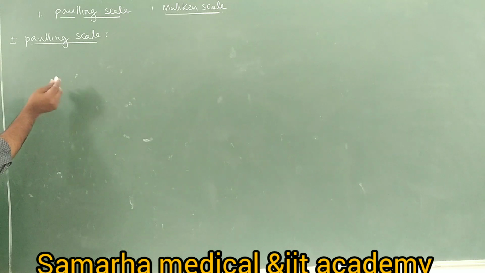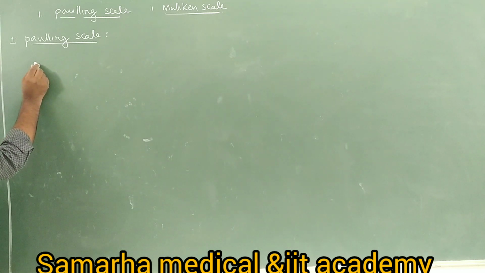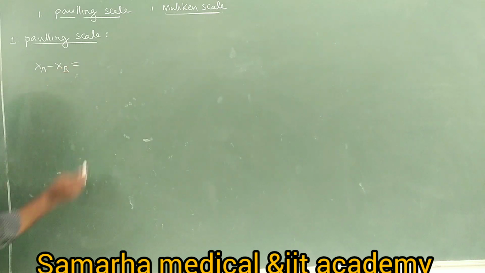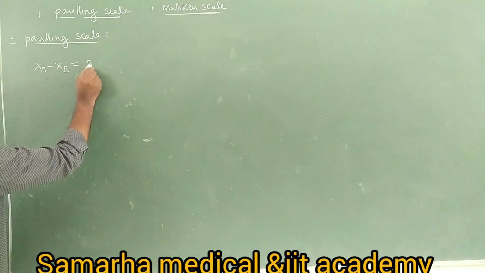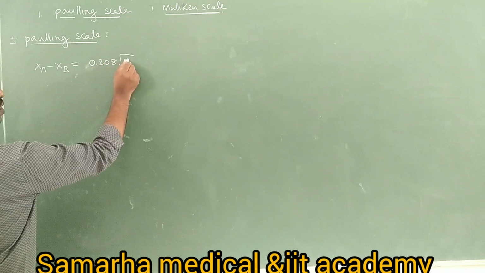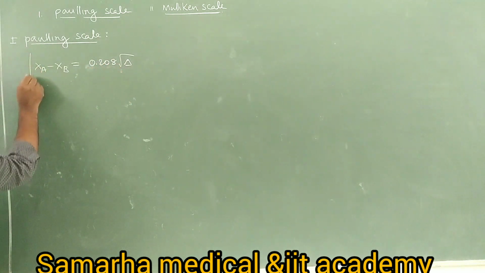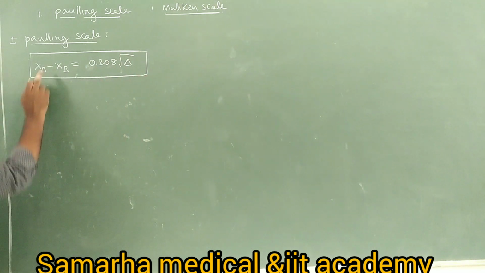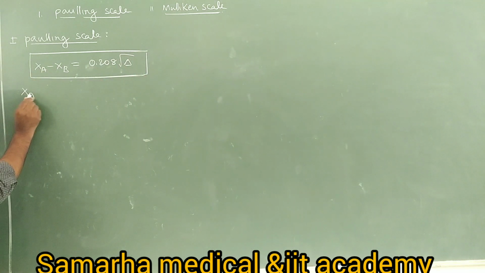Right. Now let's see the formulas. XA minus XB equals 0.208 under root delta. This is one formula, where X is electronegativity.